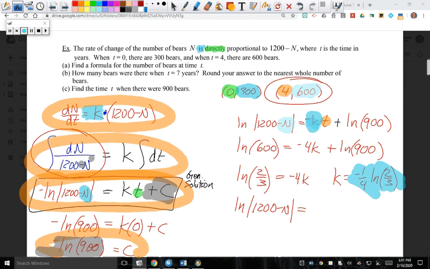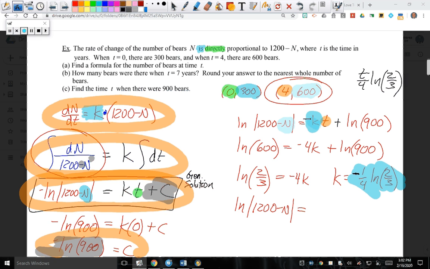Is that going to be a 4? Do y'all see this negative and this negative? So it will be a positive. And we can go ahead and write it right now if we want. It will be a positive t over 4 natural log of 2/3.